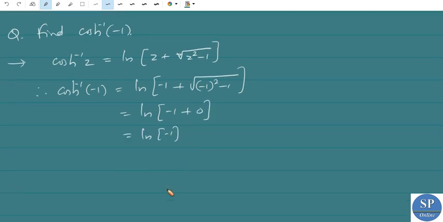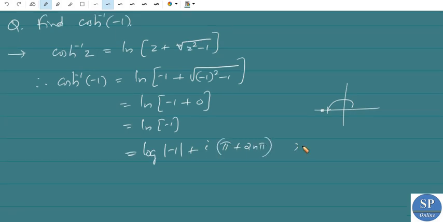ln of minus 1. But we know ln of minus 1 is nothing but log to the base e of modulus of minus 1 plus i into argument of minus 1. The argument of minus 1 is pi, plus 2n pi for n equal to 0, plus or minus 1, plus or minus 2, etc. The principal argument lies in the range 0 to pi; here the argument is pi, this is the line theta equal to pi.